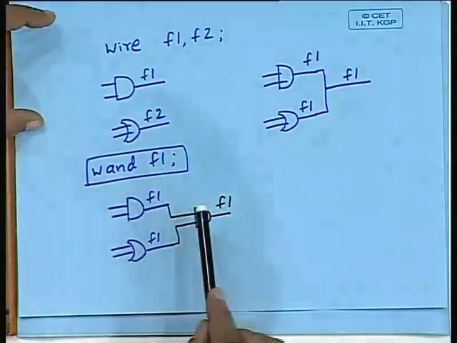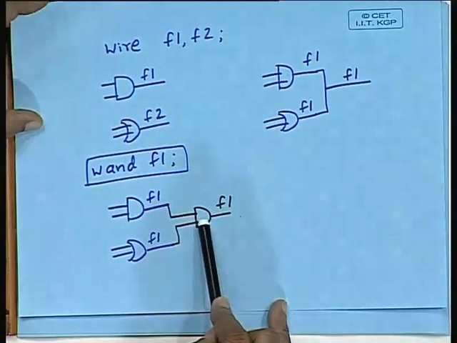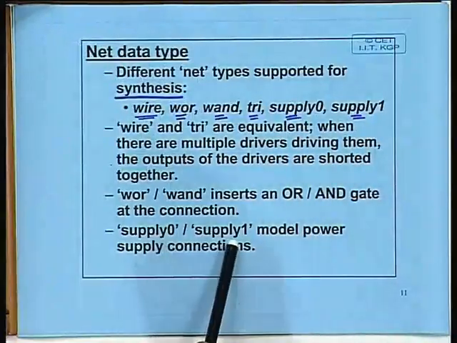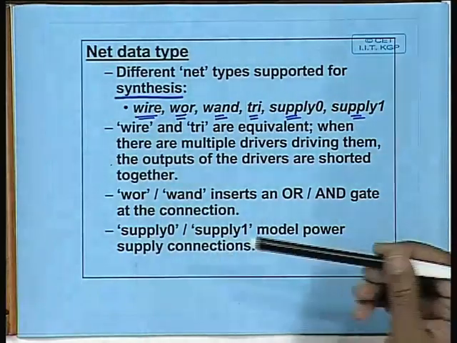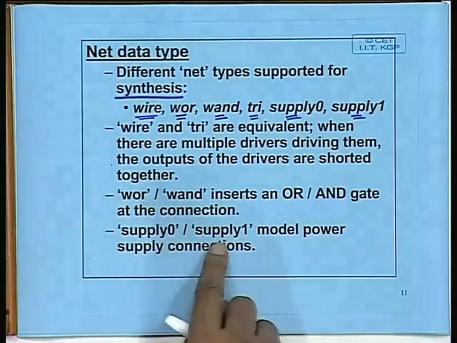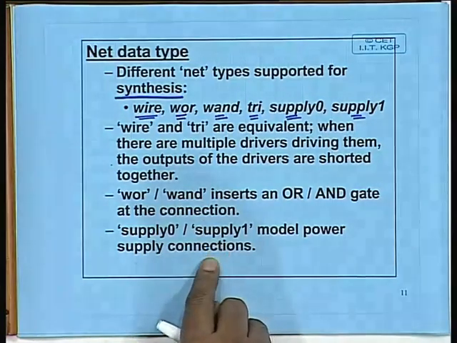Similarly, if it is wired OR, it will add an OR gate. If there is only one driver of F1, then the AND will not be there. If it is more than one, then the AND gate will be added. This wired OR and wired AND are similar; they insert an OR and AND gate. And supply0 and supply1 are used because in some cases you may need to supply a constant 0 logic or 1 logic. So you can use these keywords supply0 and supply1 to specify that.